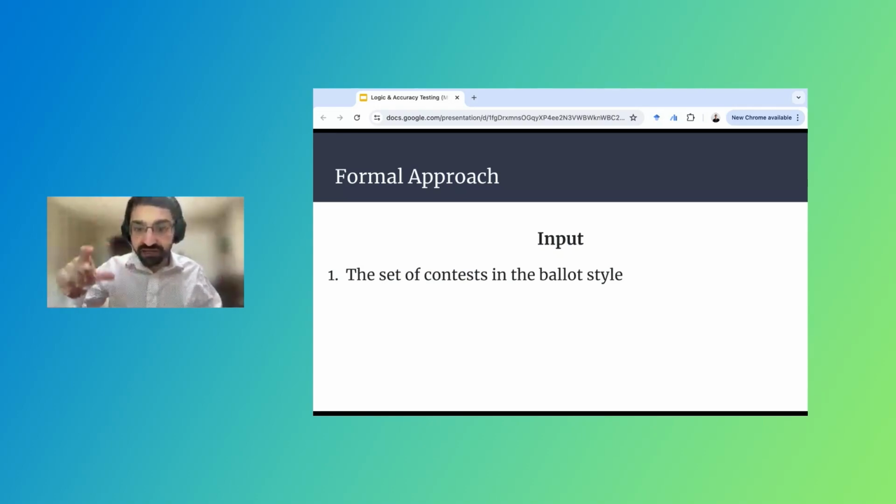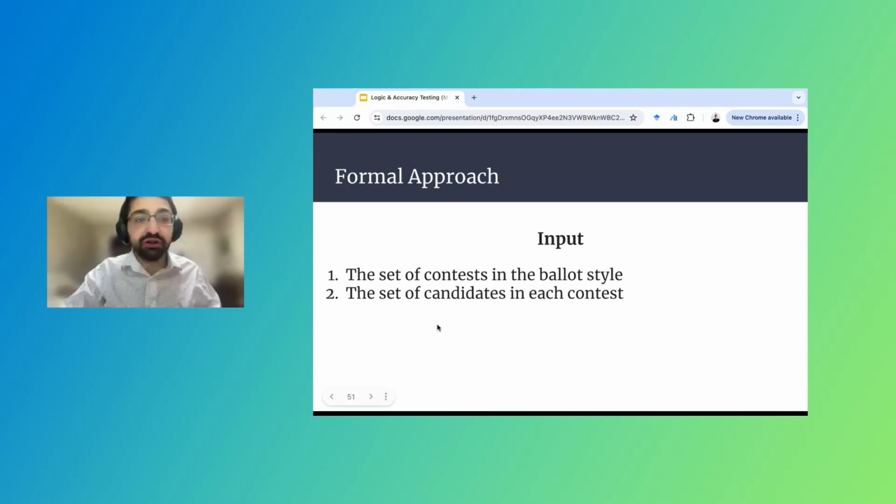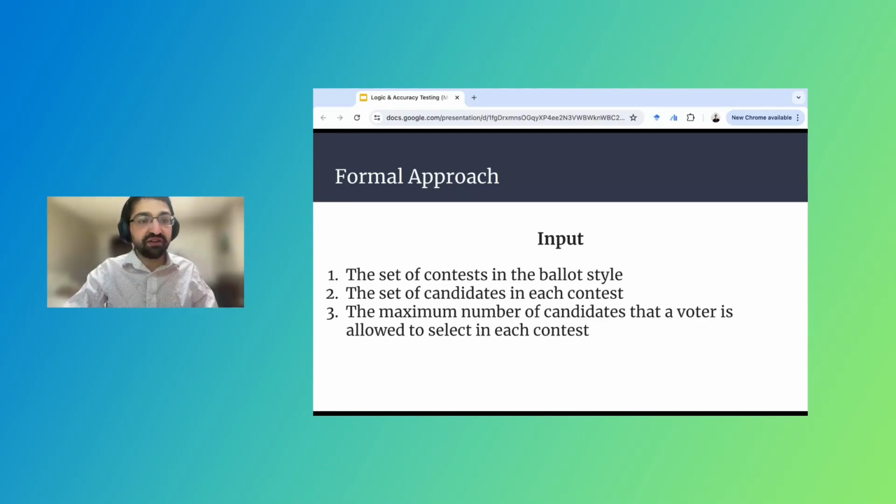So what are the different contests, whether that be ballot measures or candidate contests or whatever? The input includes the set of candidates within each of the contests. And finally, it includes the maximum number of candidates that a voter is allowed to select in each of the contests.